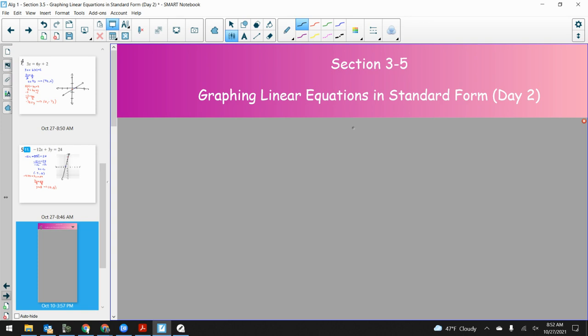So again, I'll just doodle on my graph paper. You only get 2. I have the paper.